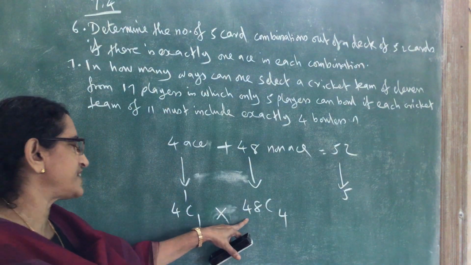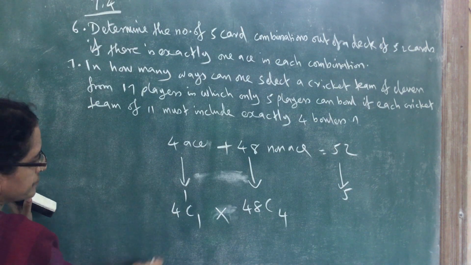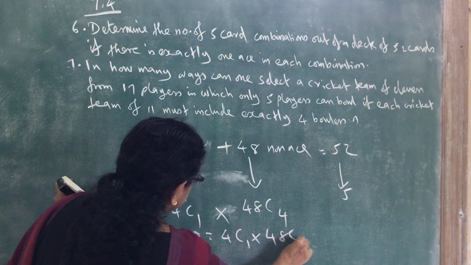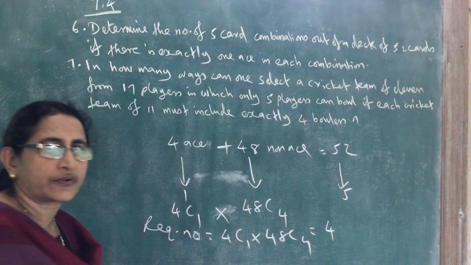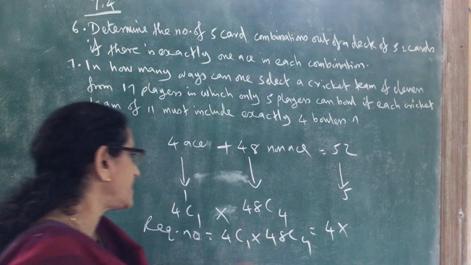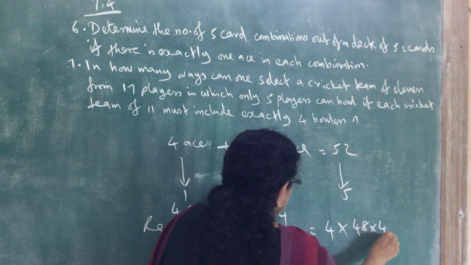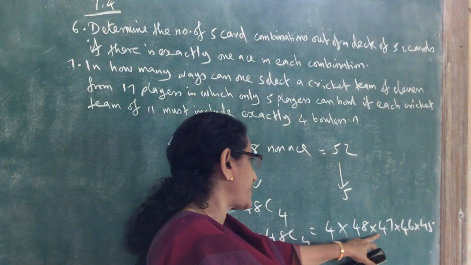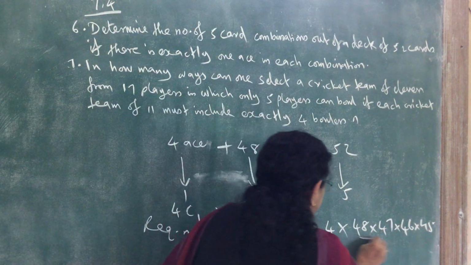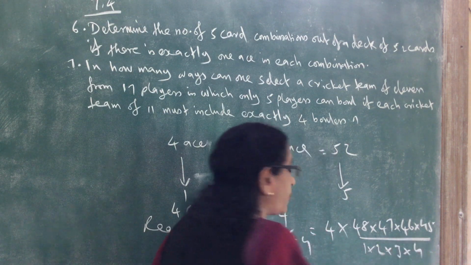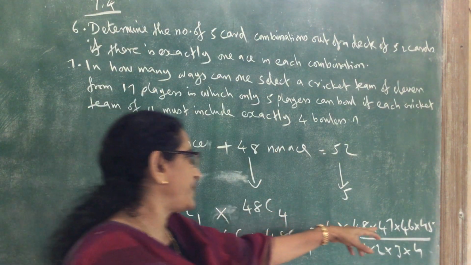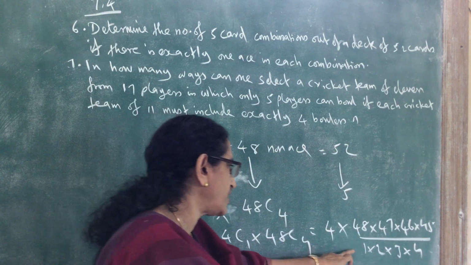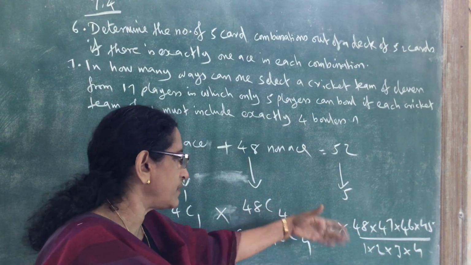So the required number is 4C1 into 48C4. 4C1 is 4, and 48C4 is 48 into 47 into 46 into 45, four numbers, divided by 4 factorial, that is 1 into 2 into 3 into 4. Now simplify that and find the answer.